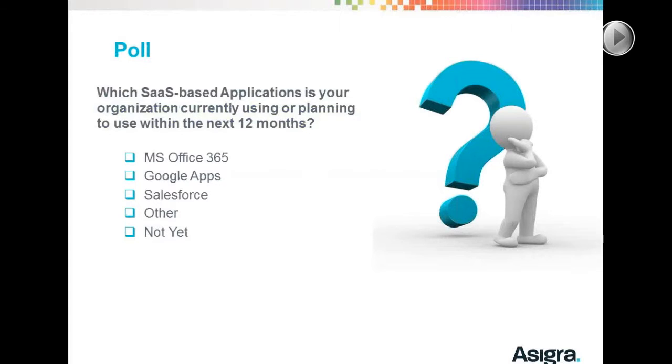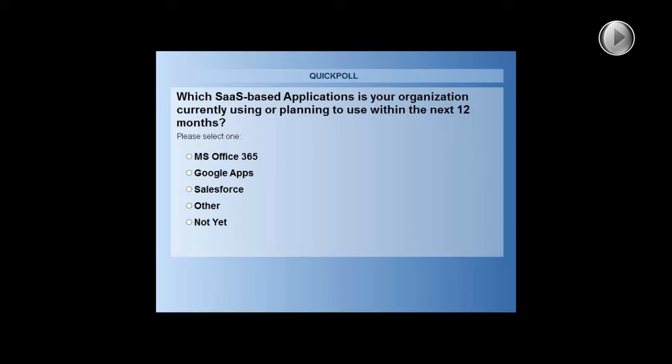So to begin with, I'd like to take a quick poll. Which SaaS-based application is your organization currently using or planning to use within the next 12 months? Tricia? Excellent. Thank you. So you have a few moments to fill out your answer with your choices of Microsoft Office 365, Google Apps, Salesforce, Other, or Not Quite Yet.